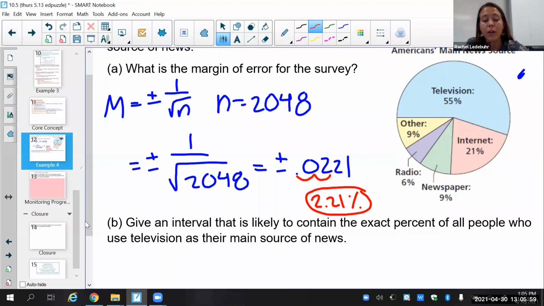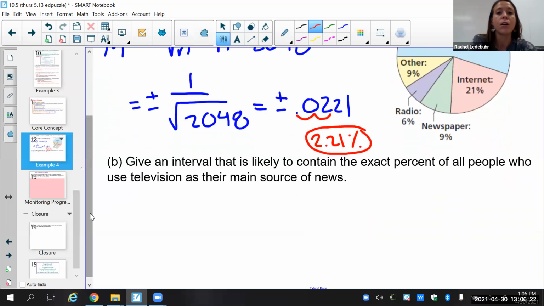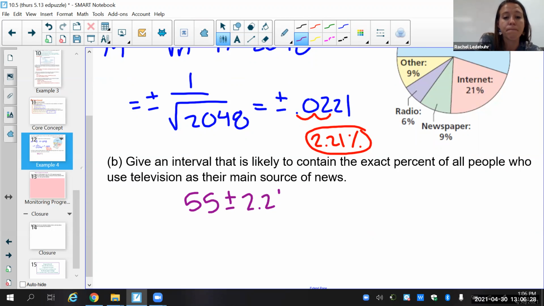Well, now we want to know the interval that is likely to contain the exact percent of all people who use television as their main source of news. Before, we said we just have to add and subtract on either side. Our margin of error is going to be on either side of this 55% of what they said, because there could be some error. So I take my 55 and plus or minus 2.21.